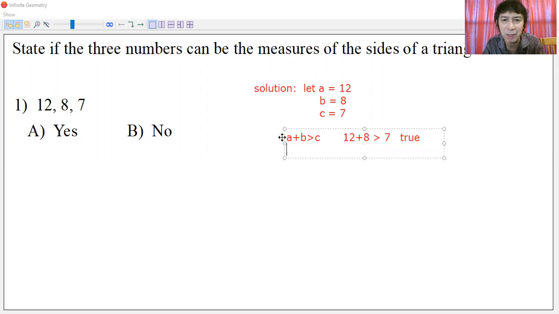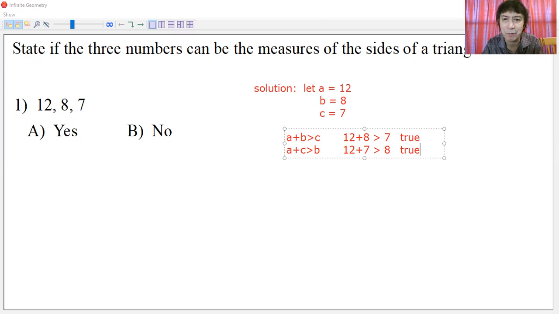How about A plus C greater than B? So we're going to have now 12 plus 7. Will that be greater than 8? That is 19, greater than 8. Of course, that's true.